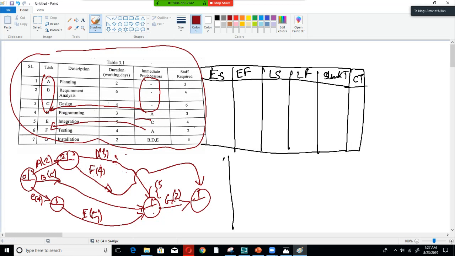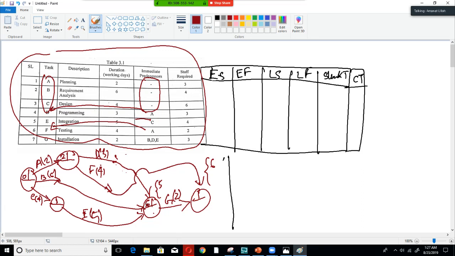If we take this path from 2 plus 4, we will get here, so we will also write down this value here. And if we take the path of B, then we'll reach here, and this will be 6.